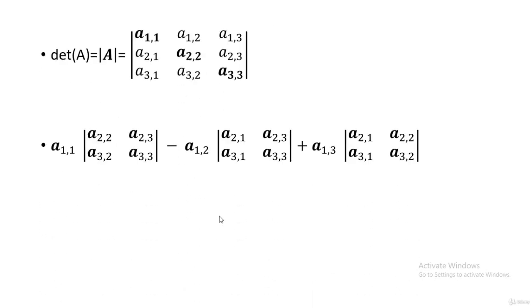As you can see in this particular step, I have expanded it by using R1. You can expand this matrix by column 1, column 2, it's completely up to you. What we have done is that I've decomposed it using R1. I have broken this 3 by 3 matrix into a 2 by 2 form.